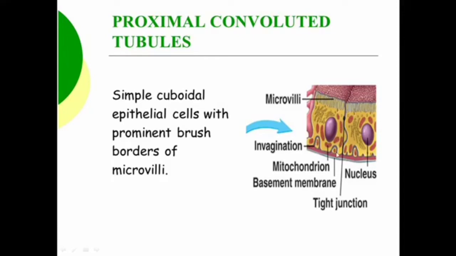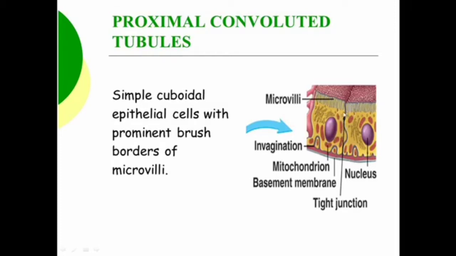And then coming toward the lateral side, on this lateral side there are invaginations and evaginations. So they are interdigitating with the neighboring cell, and so the demarcation between these two cells is not very prominent on this lateral side because of these interdigitations.